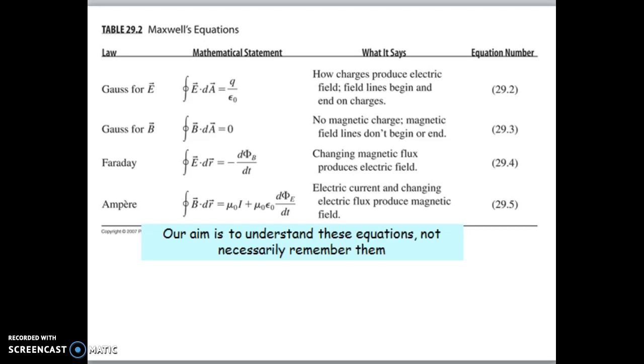And last but not the least, the modified Ampere law. According to the modified Ampere law, the electric current and changing electric flux produce the magnetic field. And this is our aim, to understand these equations.